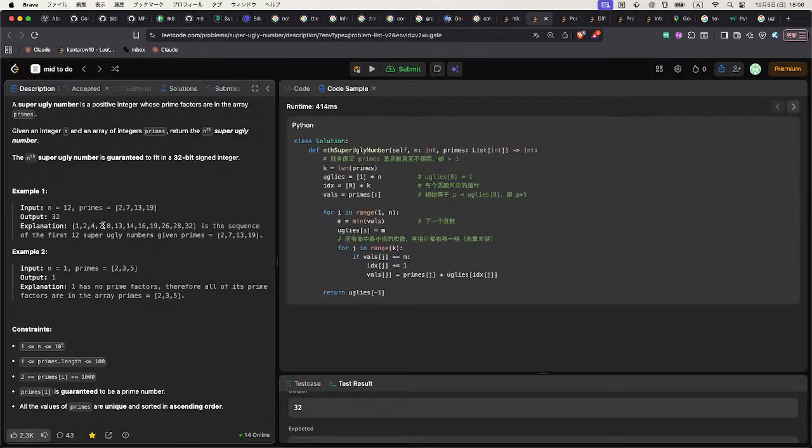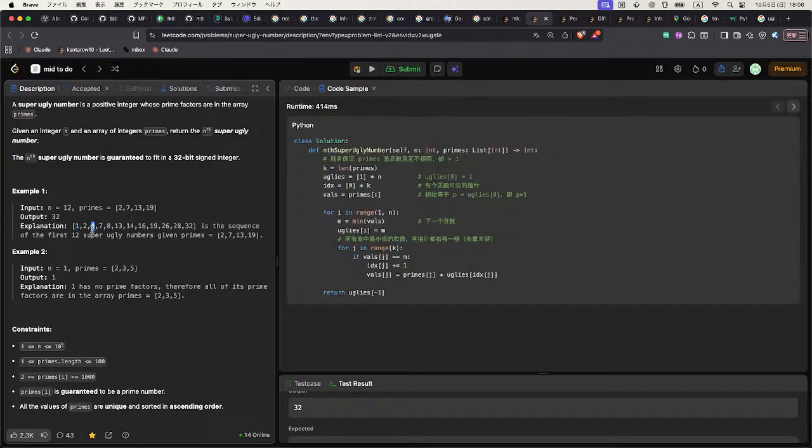For example, for 7, we have 7 at first, because it can be made up by 1 times 7. We have 7 as a candidate.